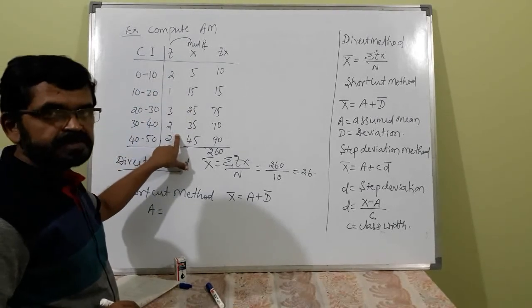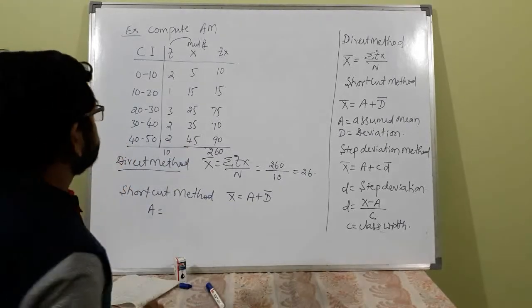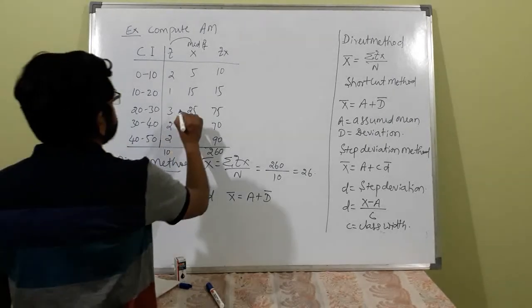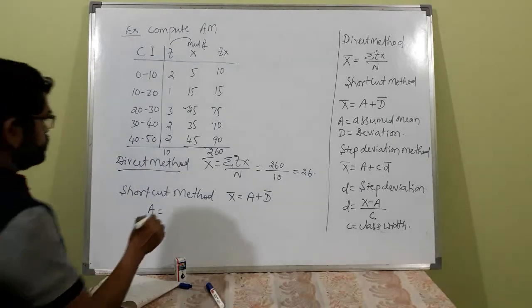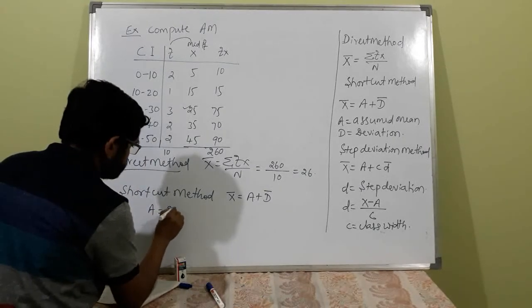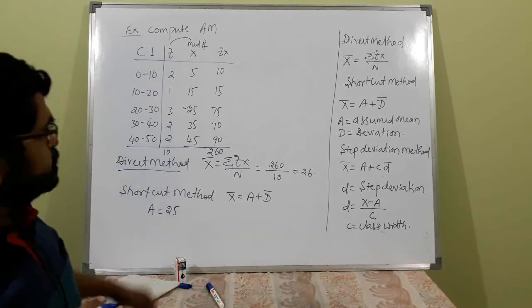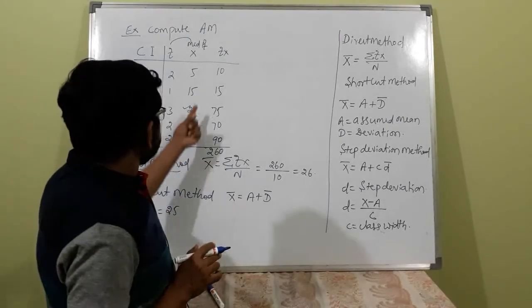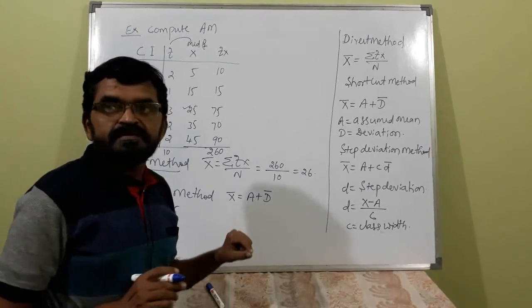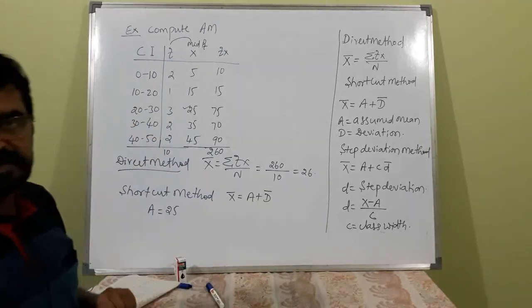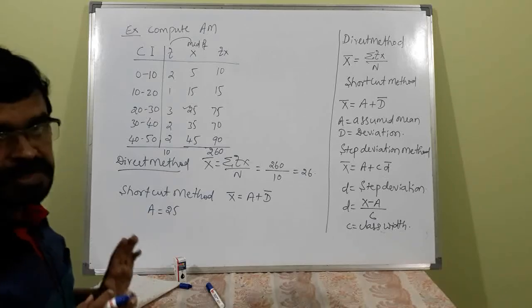Any value you can take, the value will be same. So better you select the middle one, because here our aim is reduce the size of the number, because whenever the number size is smaller, it is easy to handle.